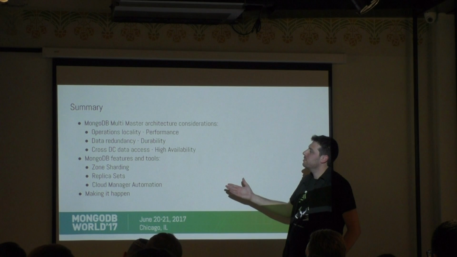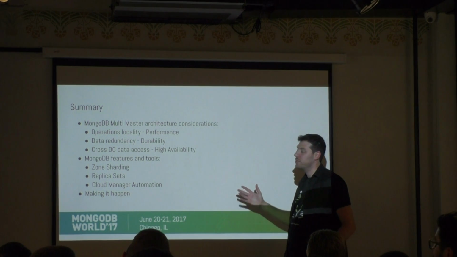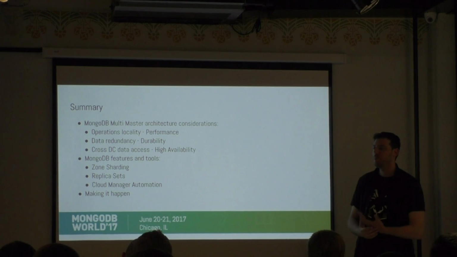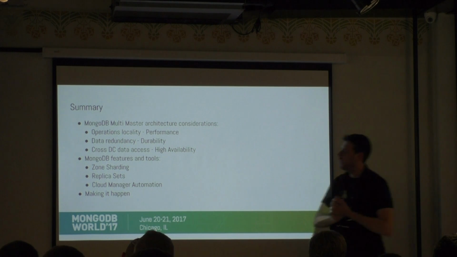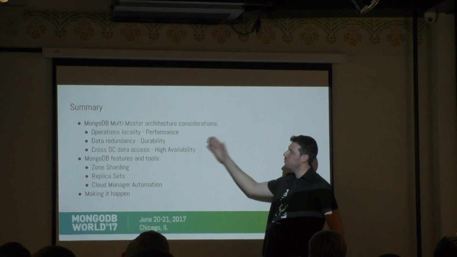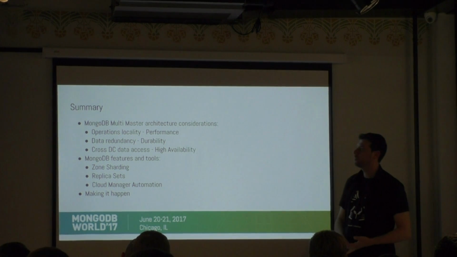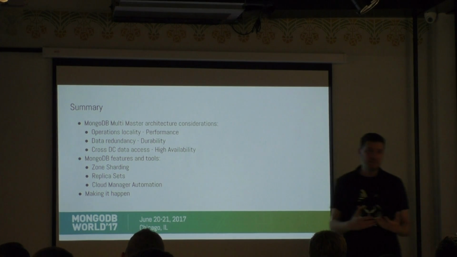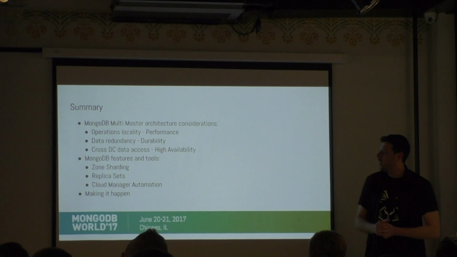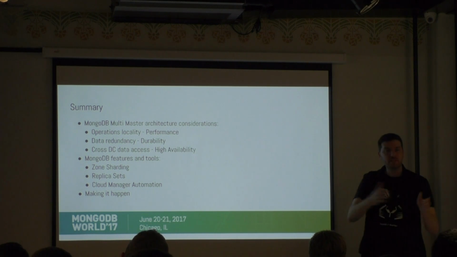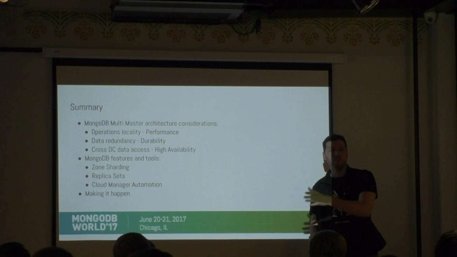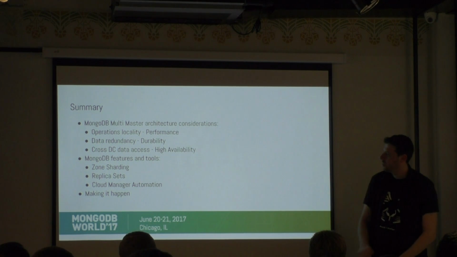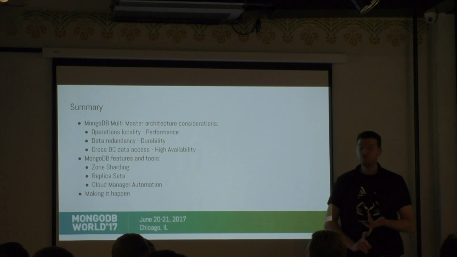So we talked about MongoDB Multi-Master architecture, or how we are simulating a multi-master workload. So we have the operation locality, which will improve our performance. We have our data redundancy to have our durability of the data. And we have a cross DC access, which gives us a high availability of this service. We use those MongoDB features.